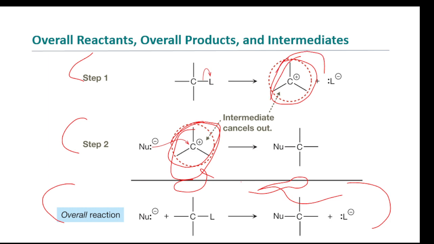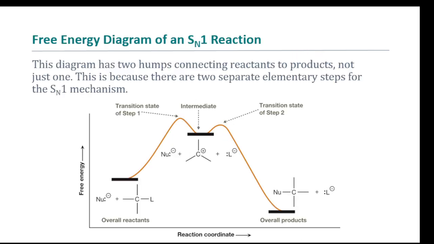Everybody's comfortable with intermediates? What's different between an intermediate and a transition state, by the way? Okay, so this right here is your reactants. And when we do a reaction, we have to overcome the high energy state, which is the transition state, right?